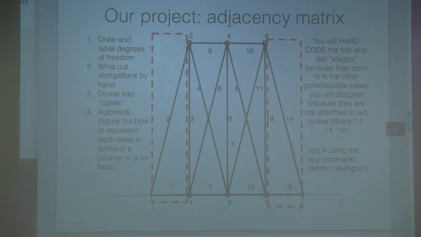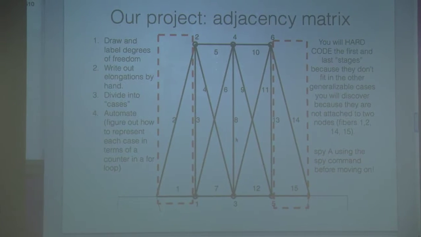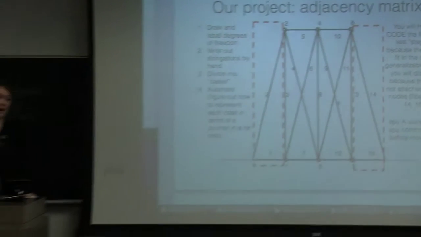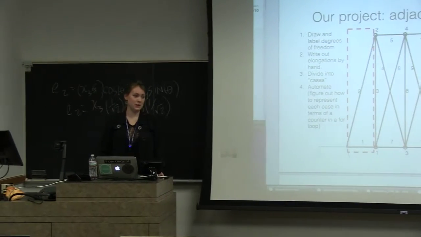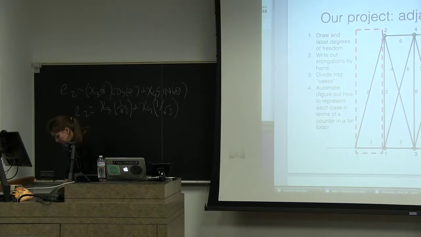Okay, so when you're tackling these, I think the best thing to do is write it out on a piece of paper. People try and just sit there, and code it pretty much blindly and recognize patterns, because when you make these arbitrary, when you accommodate any number of stages, you have to automate the construction of the adjacency matrix, as you know. So no hard coding the adjacency matrix.